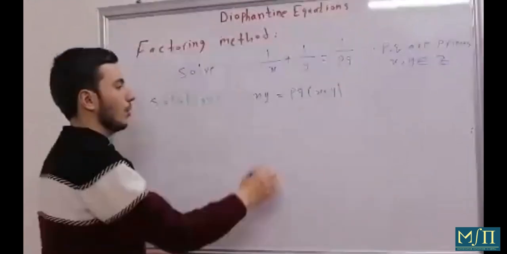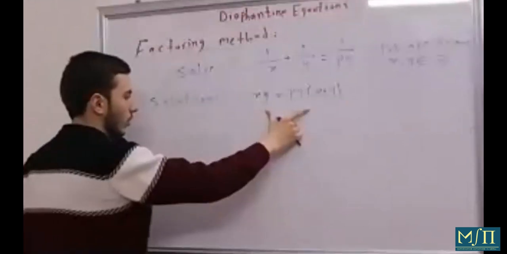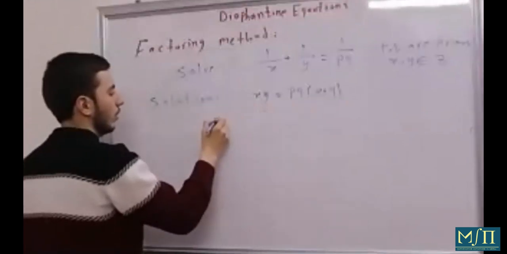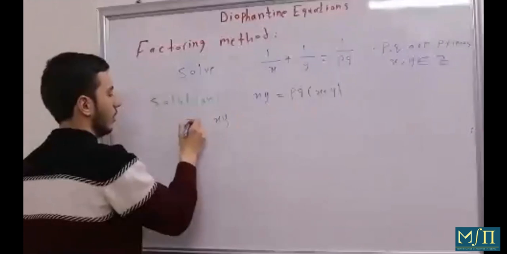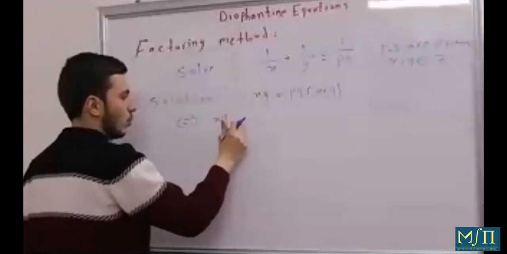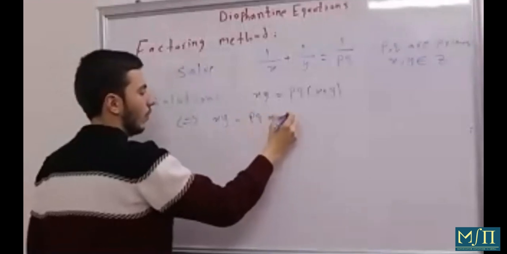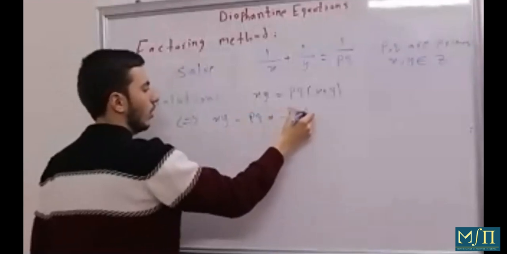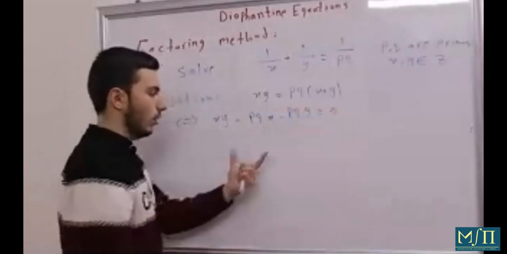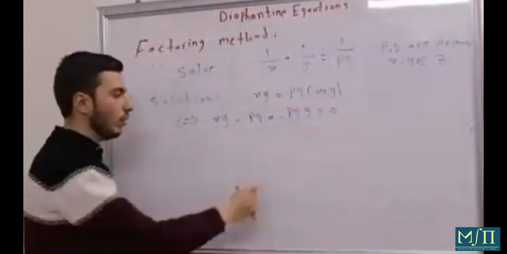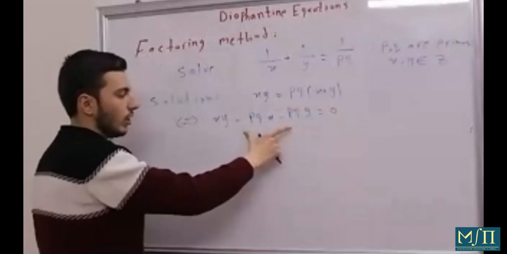Okay, so we'll do the same as we did earlier, because this is equivalent to x times y minus p times q times x minus p times q times y equals 0. Now we'll factorize the left-hand side, just as we did earlier.